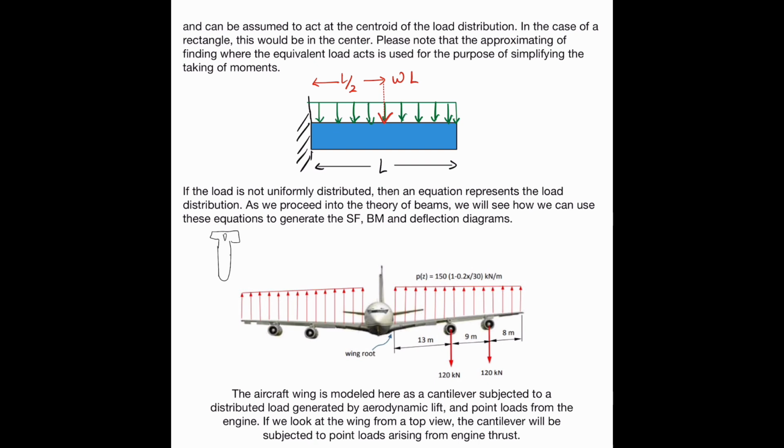Right, so this is the wing. Remember, the lift force will be coming out of the page now, and you also have thrust. The equal and opposite thrust force from the engines will be pushing out like this.